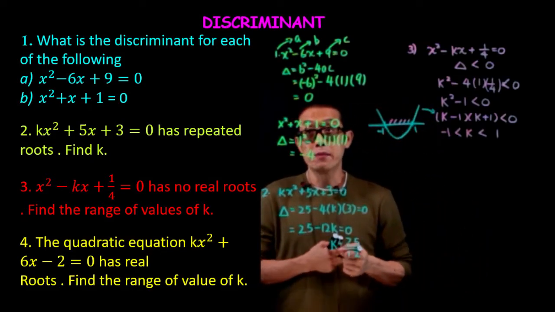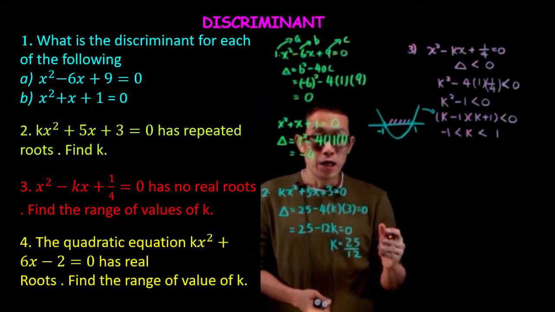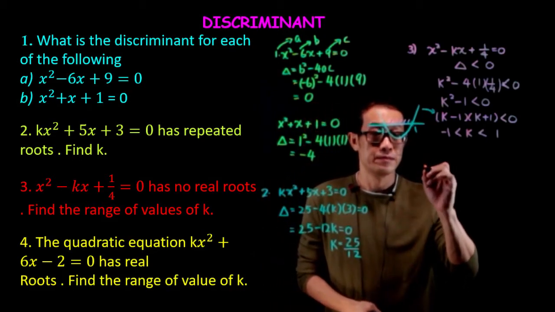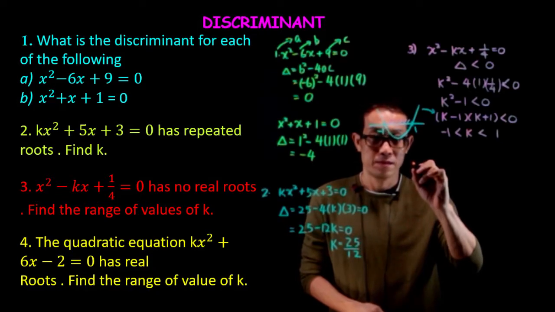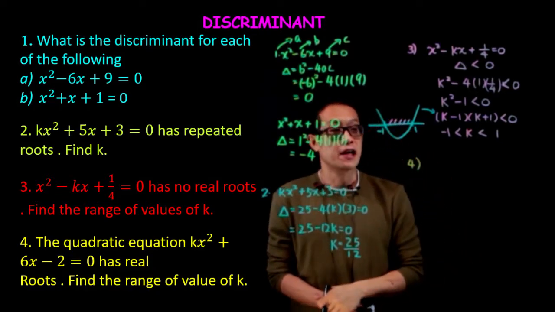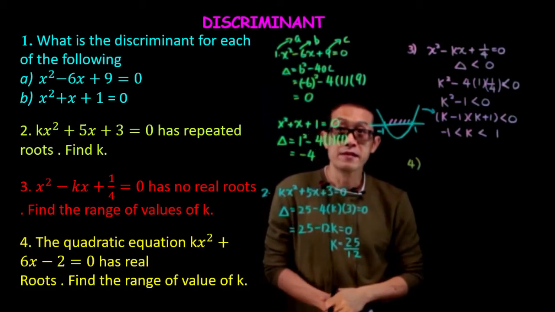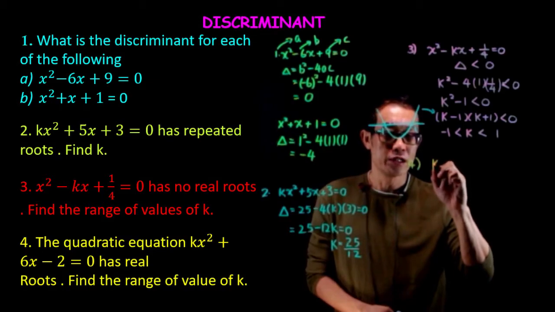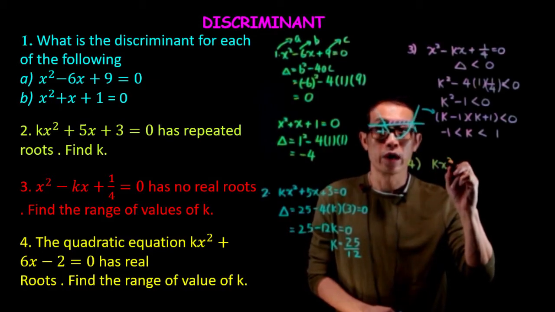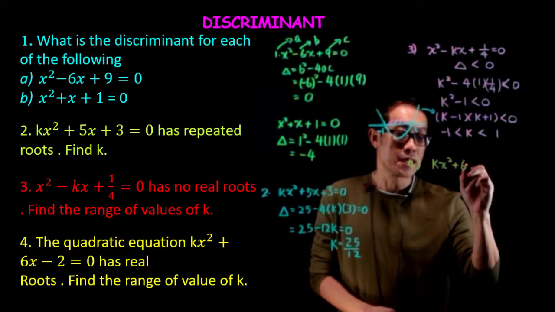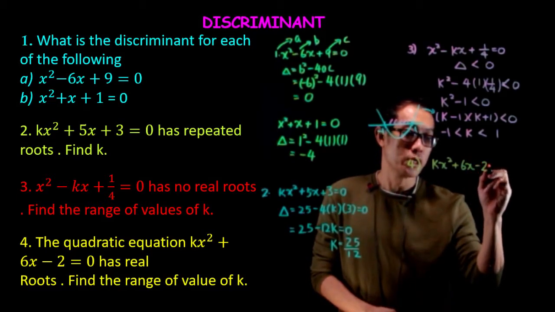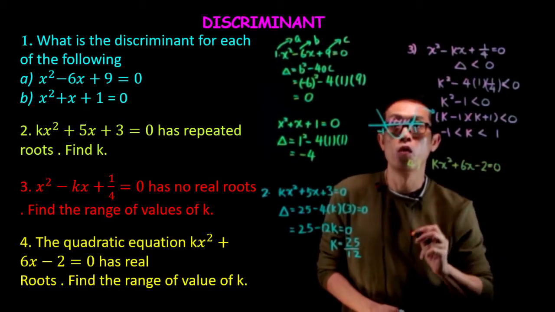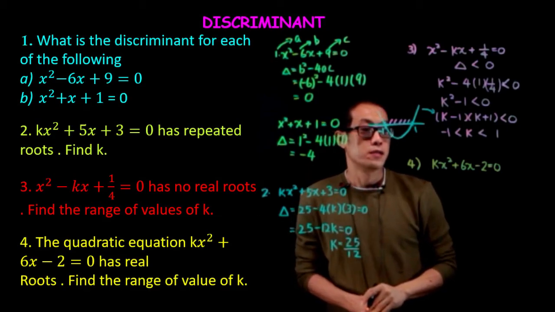Now for question number 4, it's a bit tricky. Now let's try to attempt it. You are given this equation, kx squared plus 6x minus 2 equals 0.